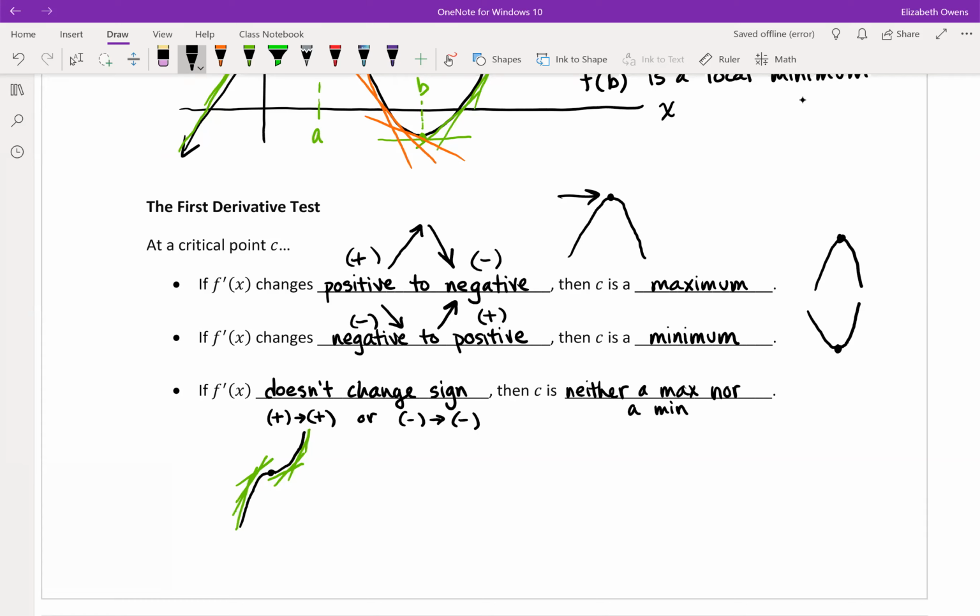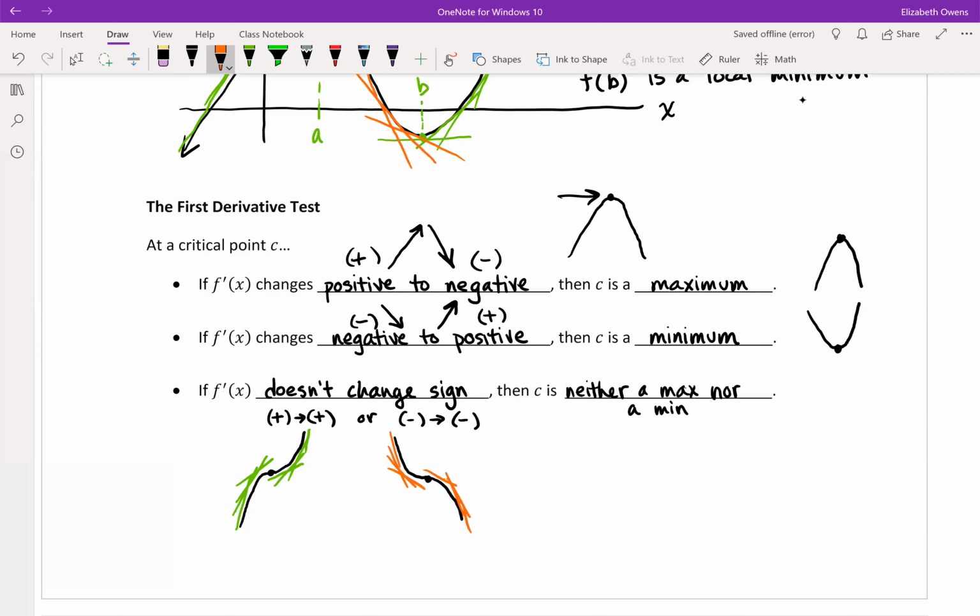All right, same thing if you've got negative derivative values. If you start out negative, level out to your critical point, and then keep going negative, it might look something like that. So negative derivative values, more negative derivative values, tangent line slopes.